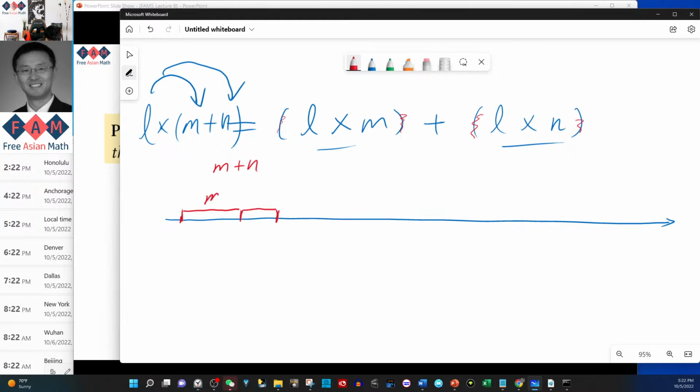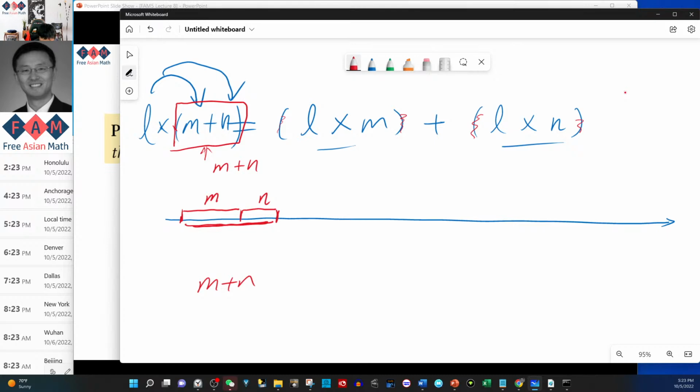The first one is m. The second one is n. Those are the lengths of the two line segments, right? So on the left-hand side, you first do this, then you multiply by L. L, remember, is the multiplier. And m plus n is now the new number.